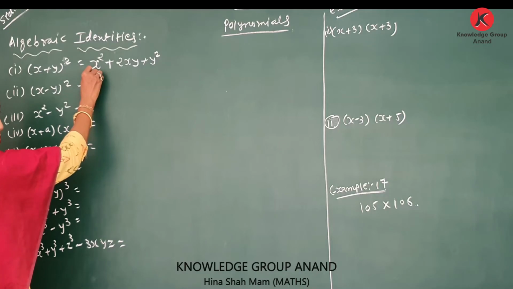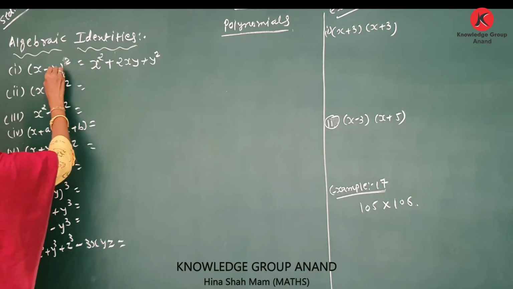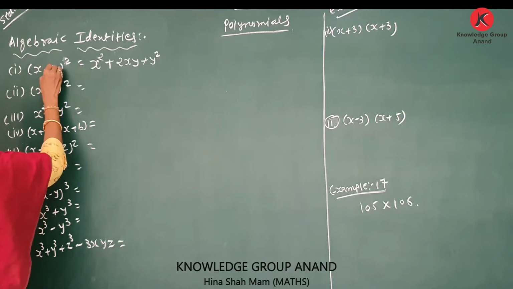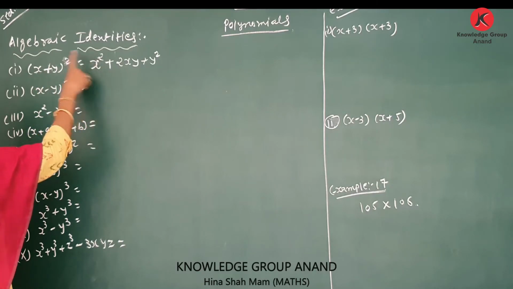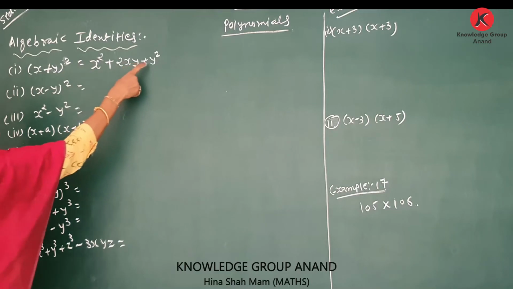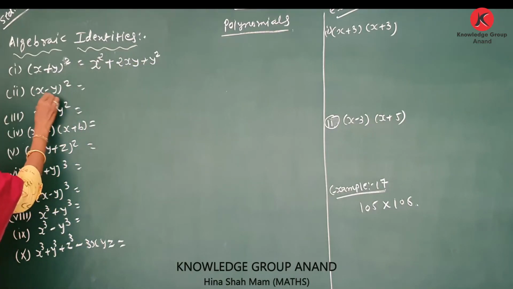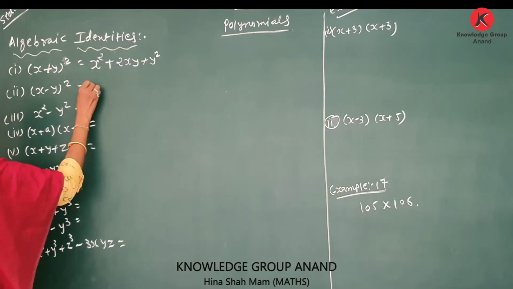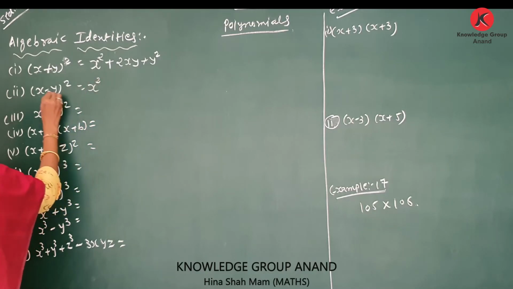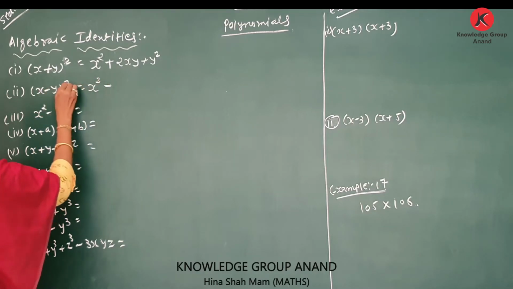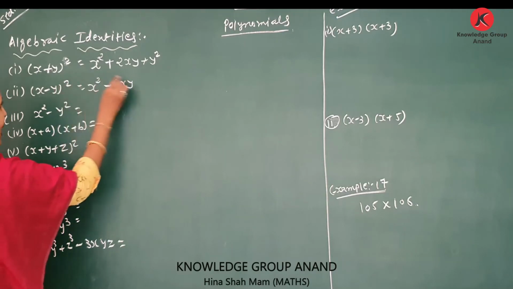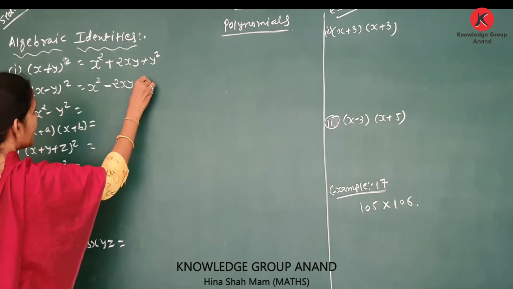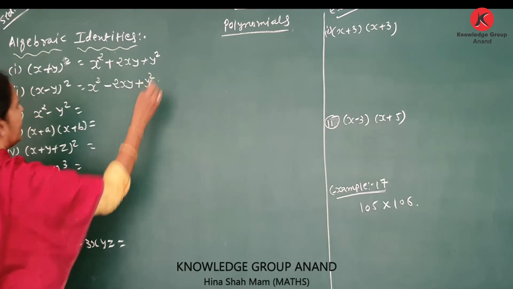Square of the first term, x square, plus 2xy, the sign is the middle sign. Here the middle sign is plus, therefore we put plus 2xy plus y square. Now (x minus y) square is equal to x square, the middle sign is minus 2xy, and the last term is always plus y square.